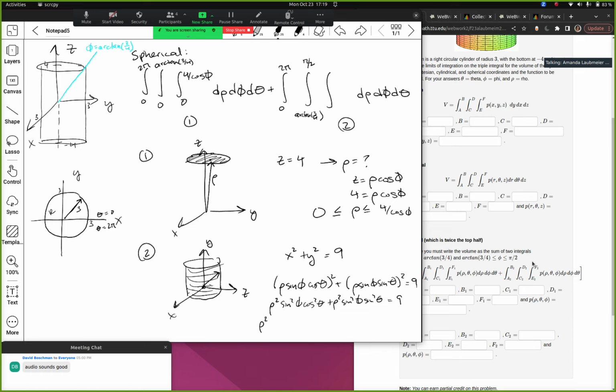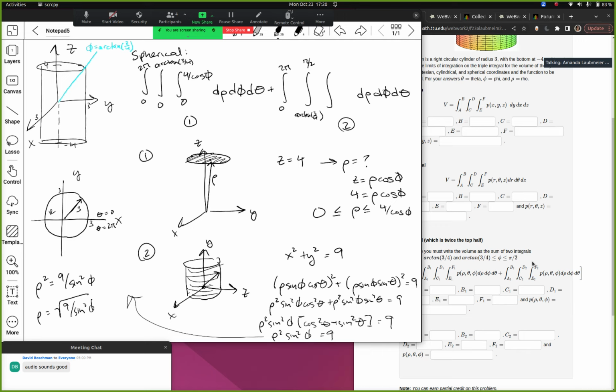I can pull out a rho squared sine squared phi times cosine squared theta plus sine squared theta is equal to 9. But cosine squared plus sine squared is 1. So rho squared sine squared phi is equal to 9. Or, coming all the way up over here, we've got rho squared is equal to 9 over sine squared phi, or rho is equal to the square root of 9 over sine squared phi.